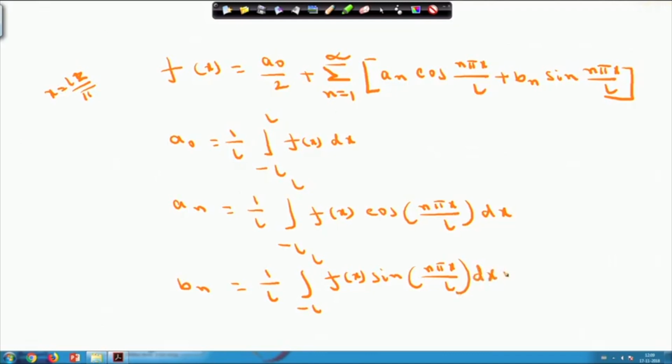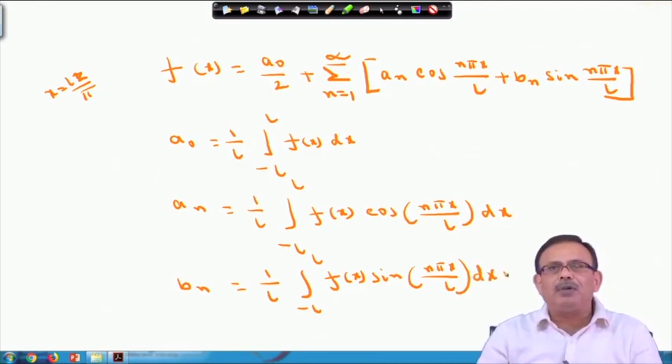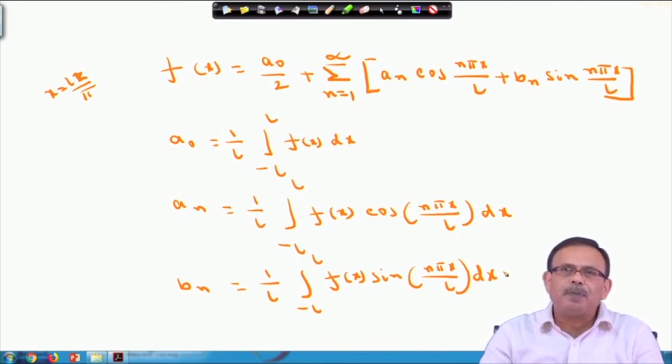Therefore, please note this one: the earlier Fourier series whatever we have defined was for minus pi to pi.